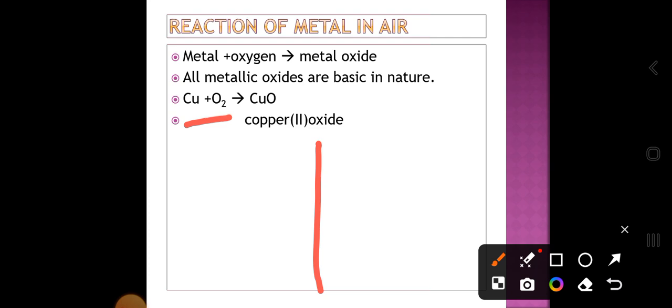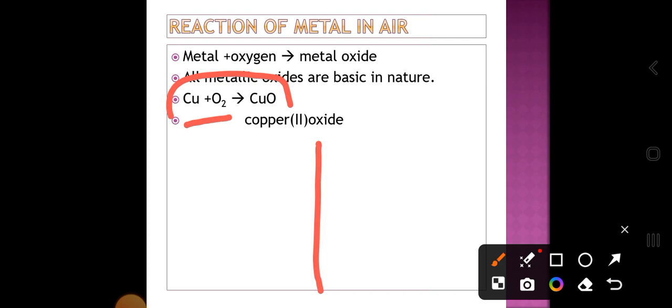Oxidation, we know, is addition of oxygen or removal of electrons, and removal of hydrogen can also be called oxidation. So now copper is changing to copper oxide. Copper is getting oxidized to copper oxide, whereas oxygen gets reduced, but we are not bothering about that now. We're just looking at the oxidation reaction.